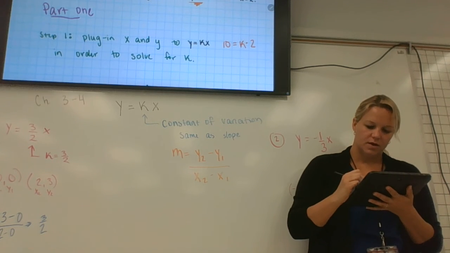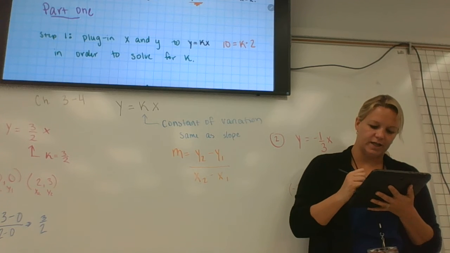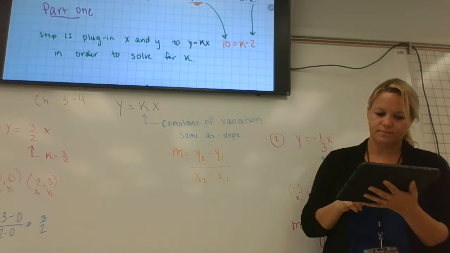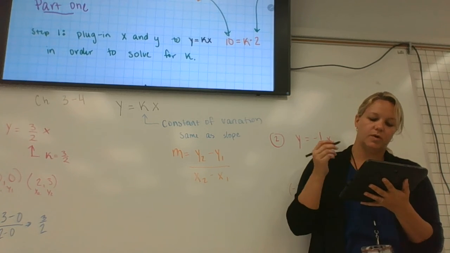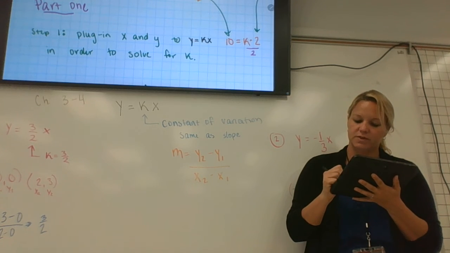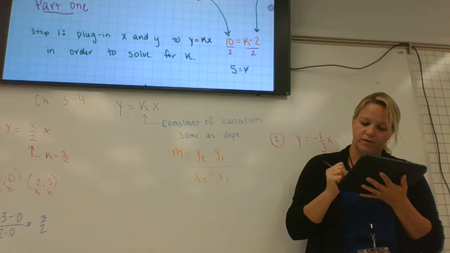So looking at the directions, I plug in what's provided for y and x. And then if you have both y and x, you can solve for k. So I would divide both sides by 2, and I would get the value for k.